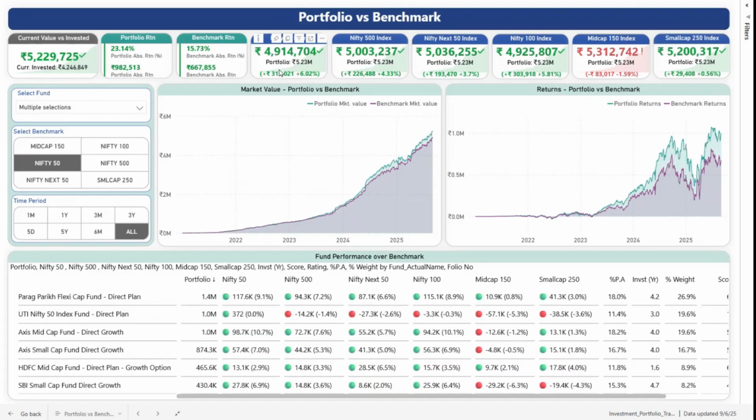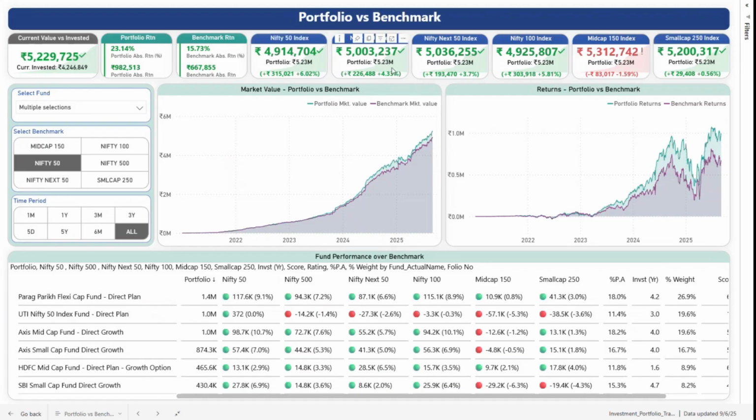So your overall portfolio is able to outperform the Nifty 50 index fund by a margin of 3 lakh 15,000. So with this six fund portfolio combined investment, you are able to beat the Nifty 50. That is what it is trying to tell you.